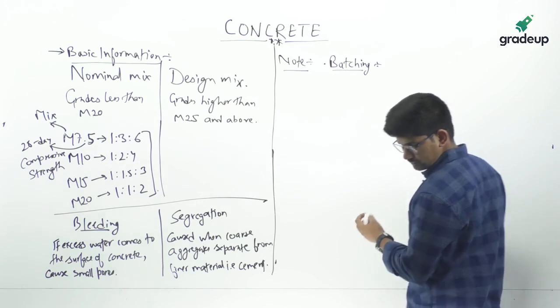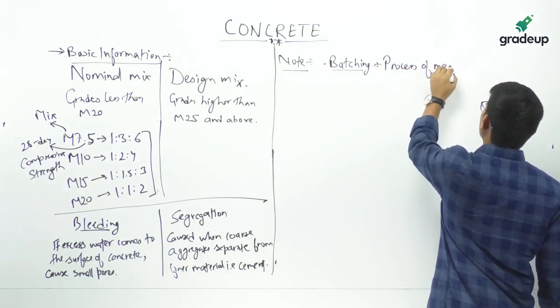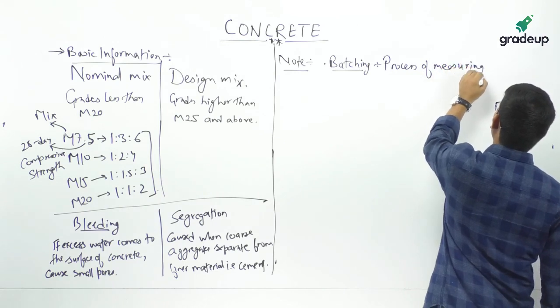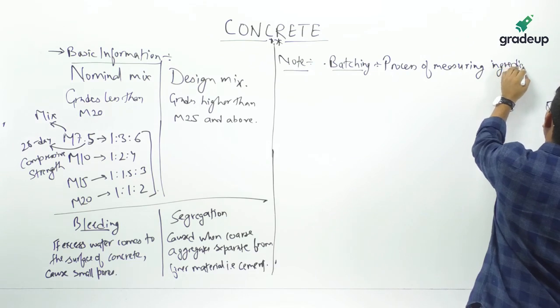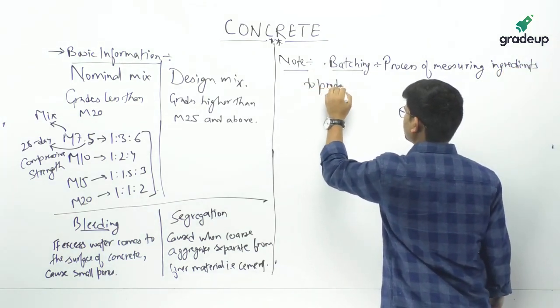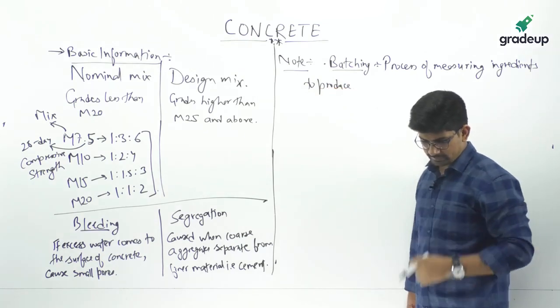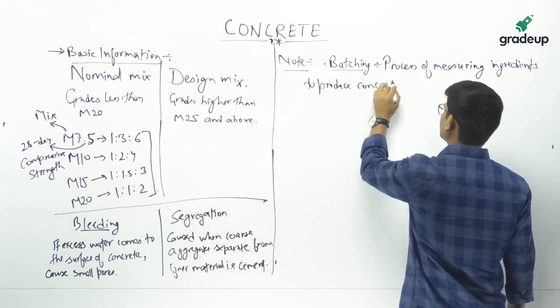Batching is the process of measuring the ingredients required to produce good quality concrete.